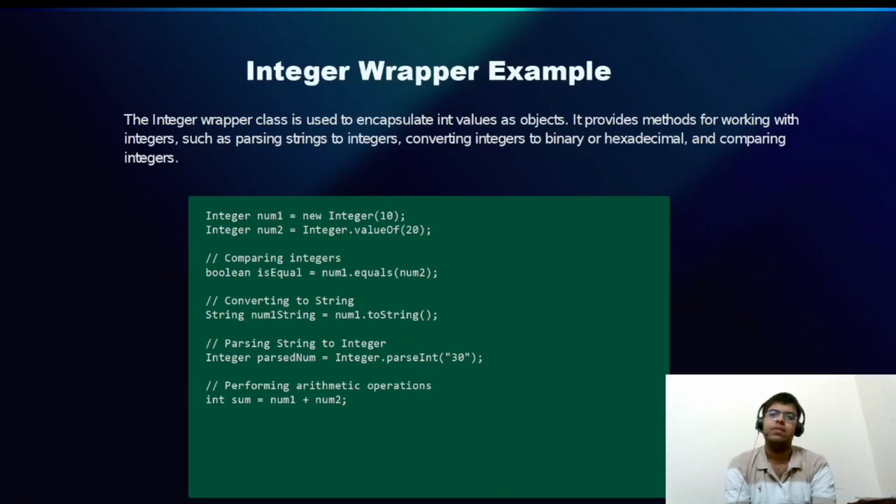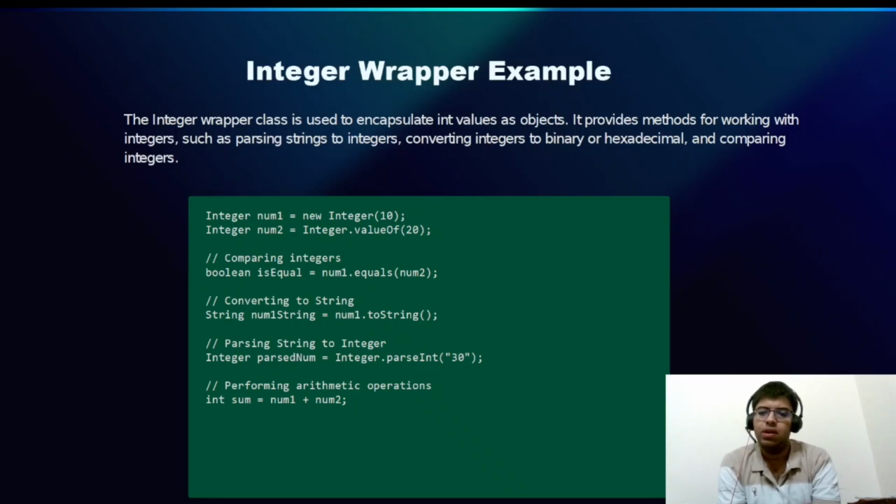We'll see some examples of the wrapper class. First one we'll take is for the Integer data type. Now here it encapsulates int values as its objects, and it provides methods for working with integers such as converting strings, converting to binary or hexadecimal, and comparing integers.